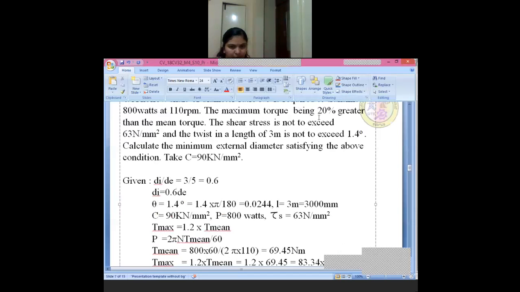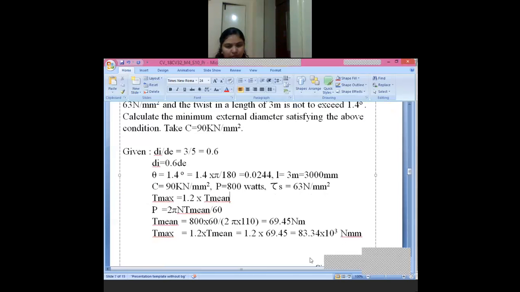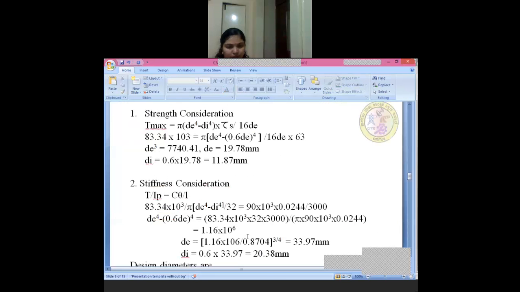The T max is 1.2 times T mean as given in the problem. That is, maximum torque is greater than mean torque. So 1.2 times 61.45 is going to be 73.74 Newton meter.